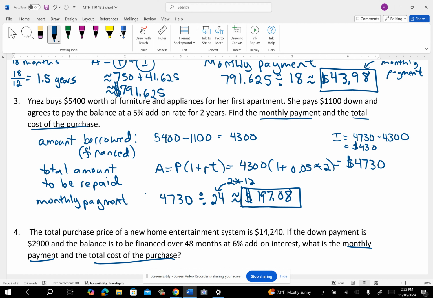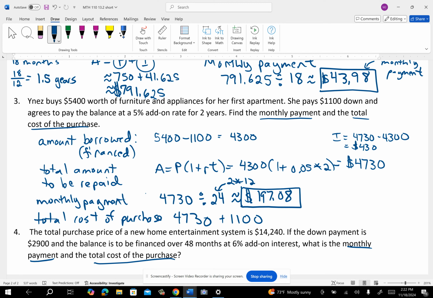Now, the other thing they asked is to think about the fact that the furniture and appliances really weren't $5,400. They were more than that. To get the total cost of the purchase, one thing I could do is take that $4,730 she's paying back, and remember that she's already paid $1,100.